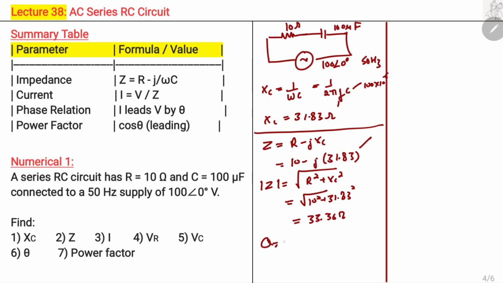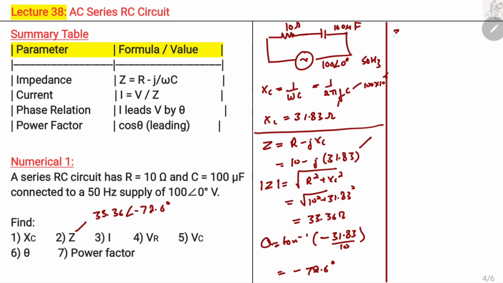The angle is tangent inverse of minus XC by R, that is 31.83 divided by 10, which comes out to be minus 72.6 degrees. So Z is simply 33.36 angle of minus 72.6 degrees.